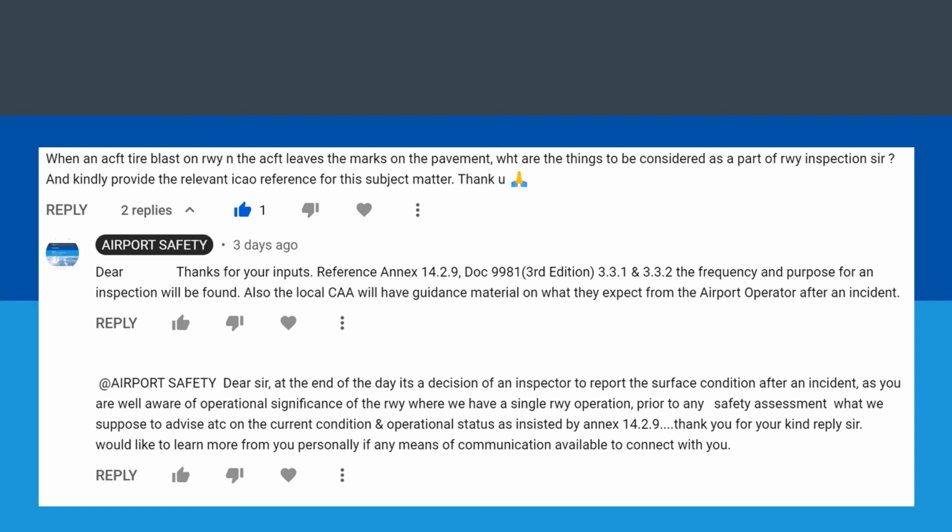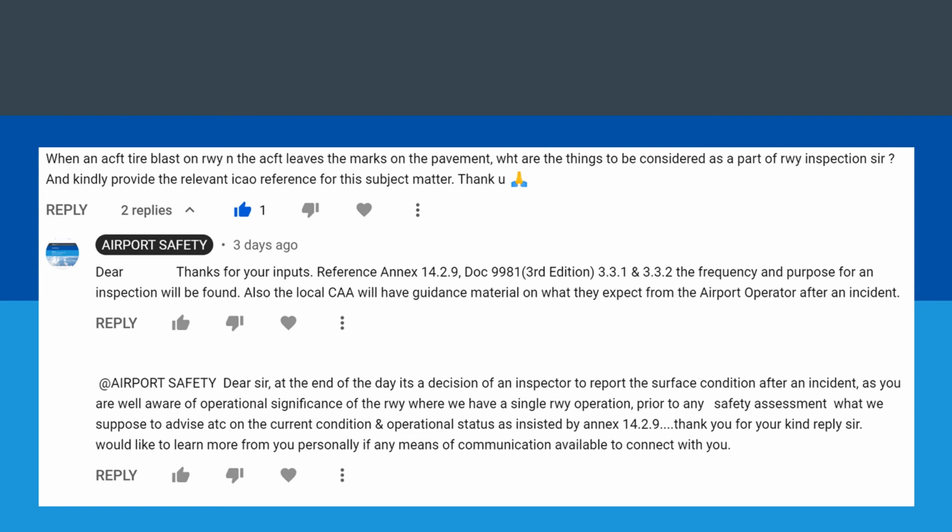So if you go into these particular references, it will tell you what is expected. The annexes do not tell you specifically how you should do things, but it tells you what is expected based on what you are doing.